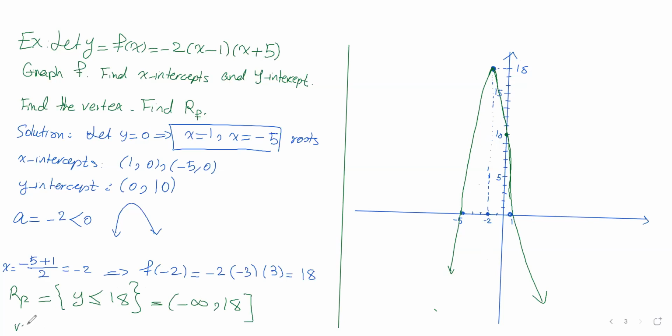Your vertex again, let's repeat it, is -2 and 18. Knowing the vertex helps you to know the range, but you have to be careful. You also have to know the sign of a because it tells you whether it is going up or down. That's how I know this is less than or equal to 18, not greater than or equal to 18.